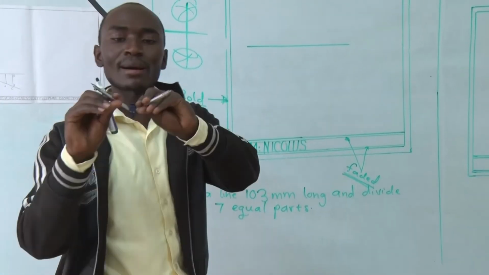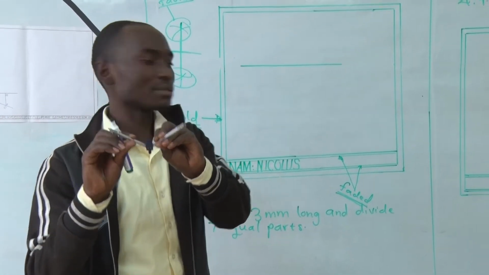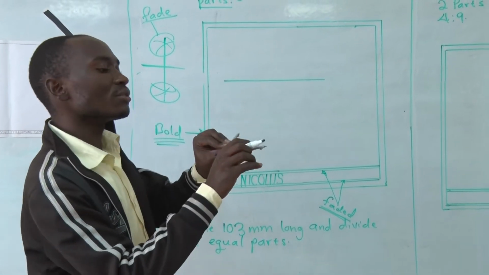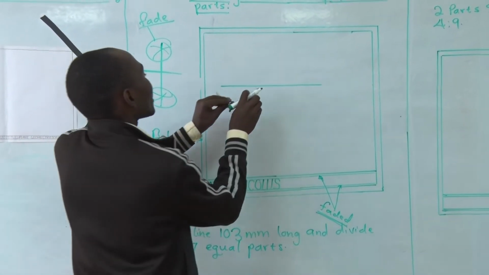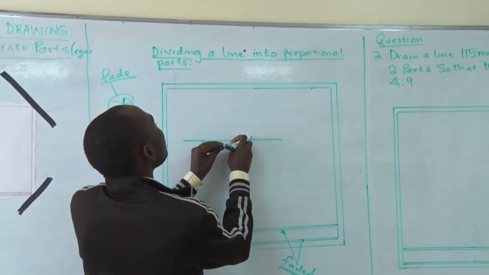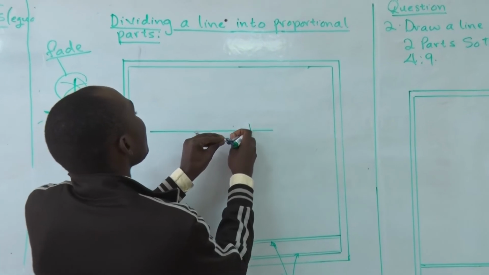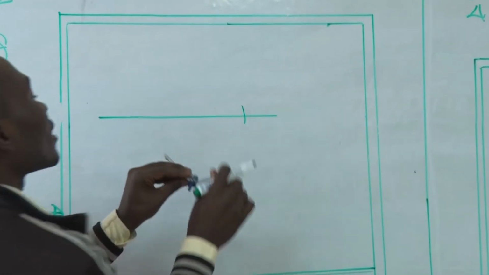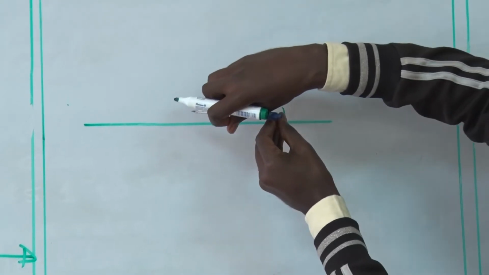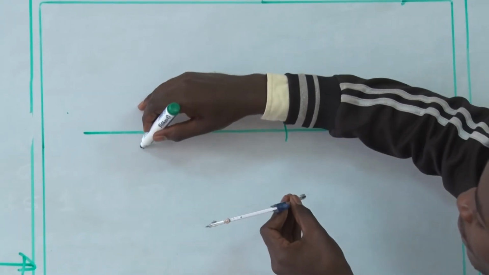If this is my compass, assuming that I already made my 103 millimeters, what I need to do is come and make a mark like this using my compass. Let's assume this is the first mark. I will stand still on this mark, make another arc.